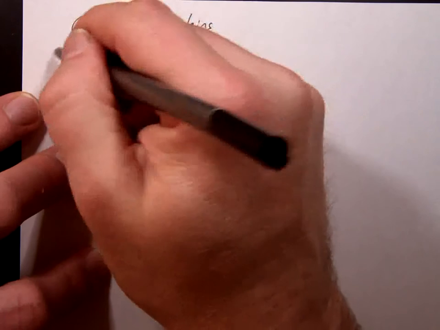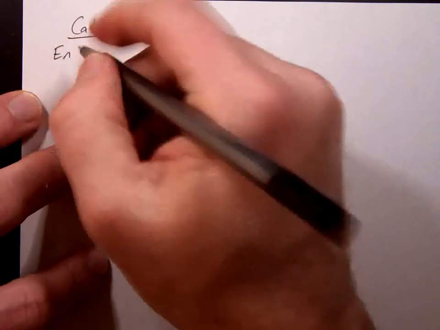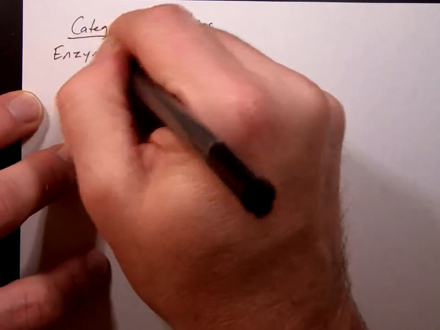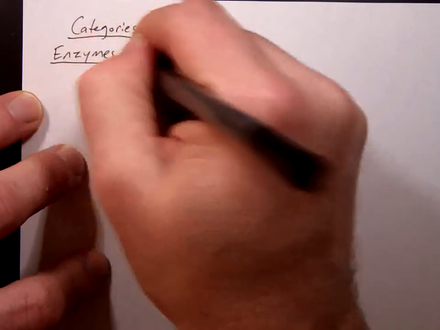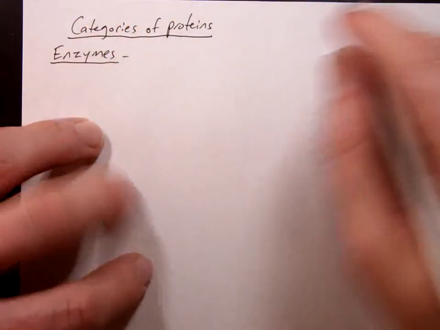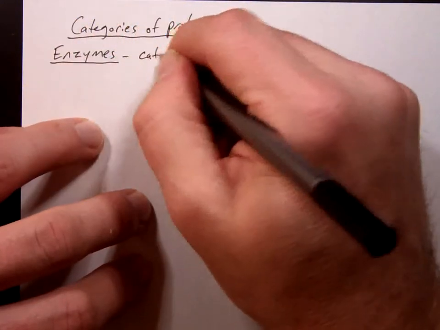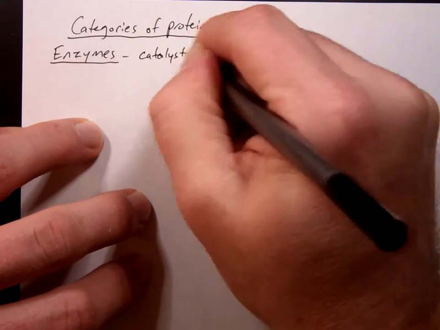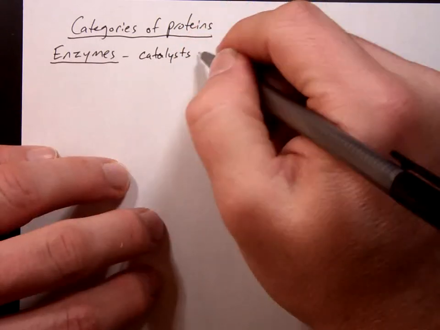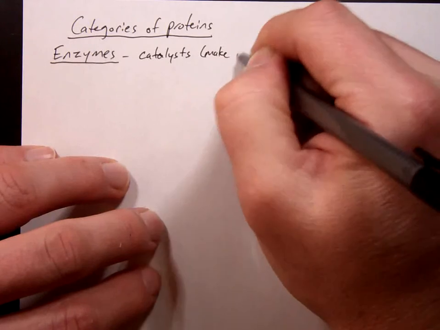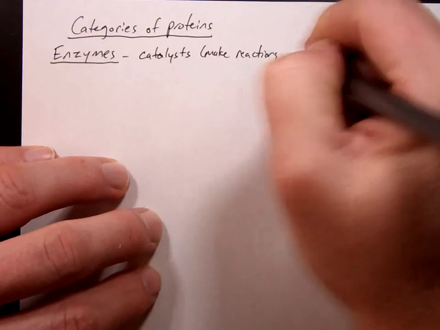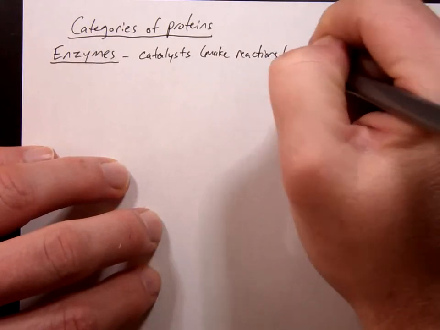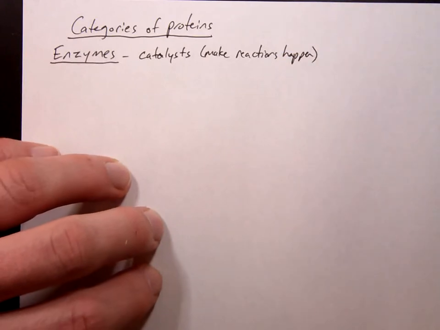Probably my favorite one because they're the most diverse. I don't even know if that's true. They have the most array of functions. They're catalysts. They basically make reactions happen. Some build stuff up, some tear stuff down.